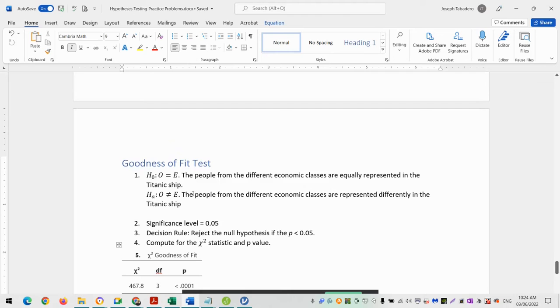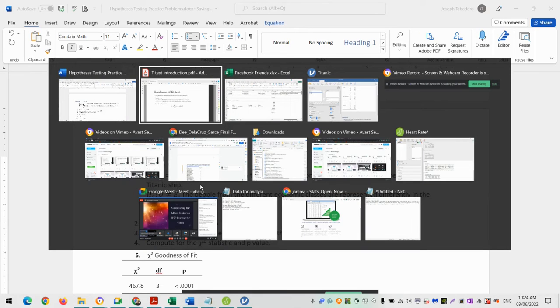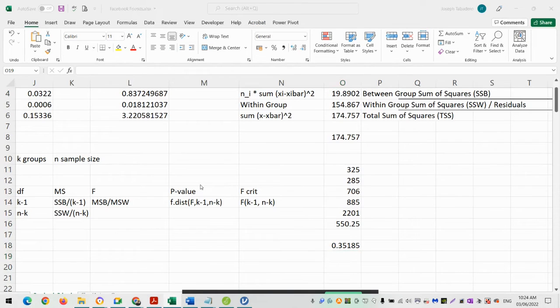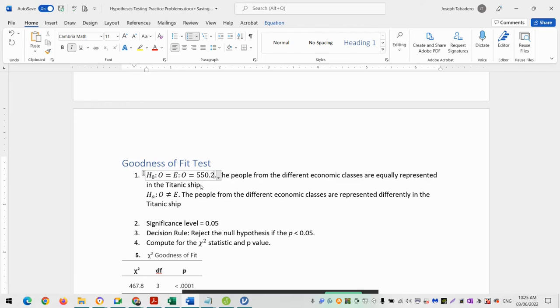So dito na isulat ko na actually yung H0 natin. O equals E. That is the people from different economic classes are equally represented in the Titanic ship. And the expected value here is actually O equals yung na-compute natin kanina, 550.25.